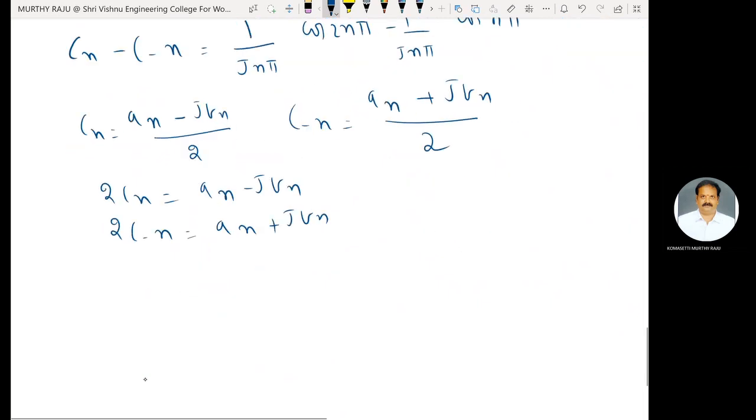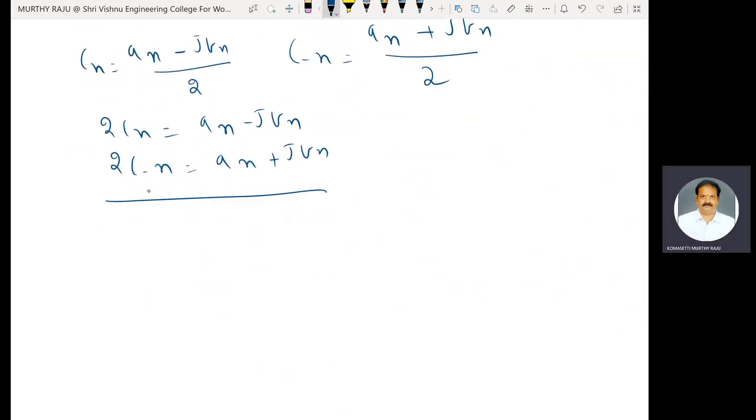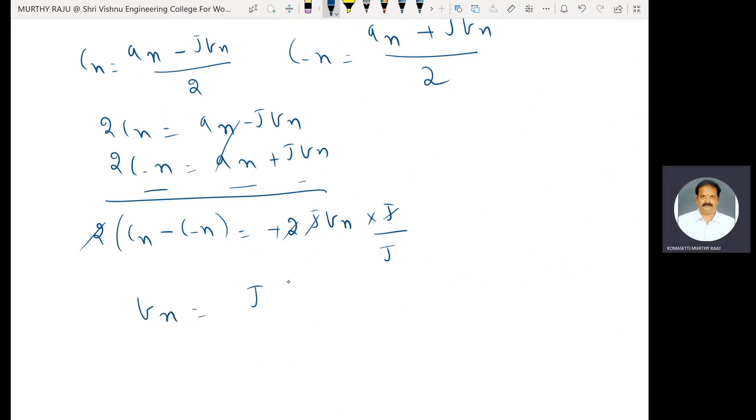Subtract these two: 2 into (Cn minus C minus n) is minus 2jBn. Numerator and denominator are multiplied with j, j square is minus 1, minus into minus plus, 2 cancels. Therefore, finally, Bn is equal to j into (Cn minus C minus n).